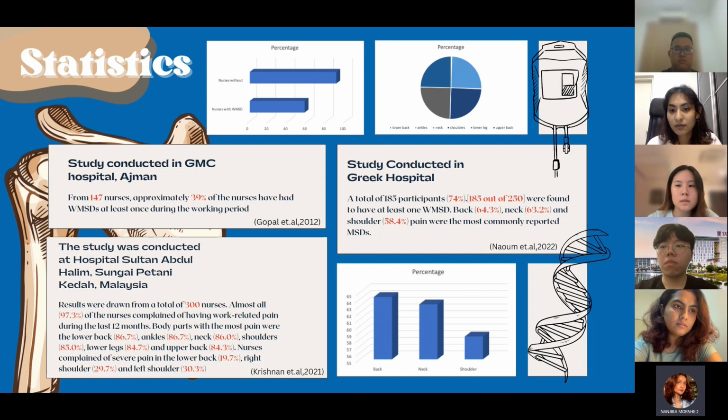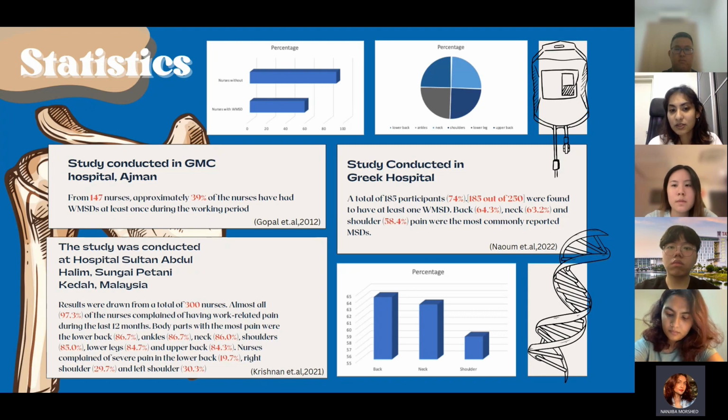Almost all, 97.3%, of the nurses complained of having WMSD pain during the last 12 months. Body parts with the most pain were the lower back, 86.7%, ankles, 86.7% as well, neck, 86.0%, shoulders, 85%, lower legs, 84.7%, and upper back, 84.3%.